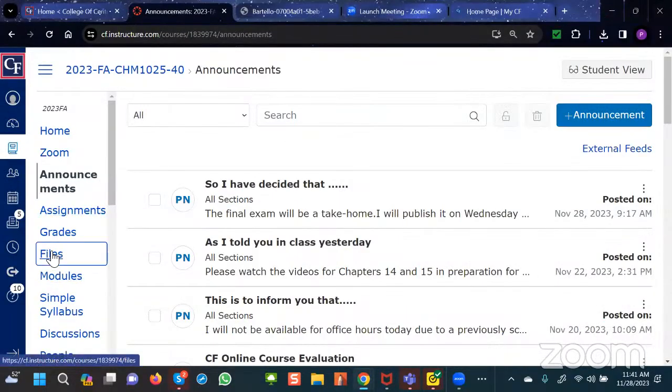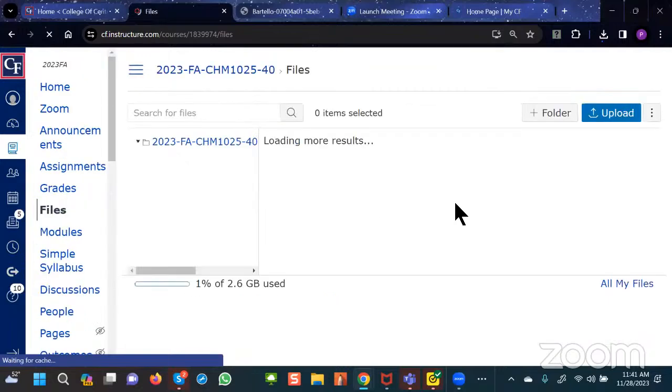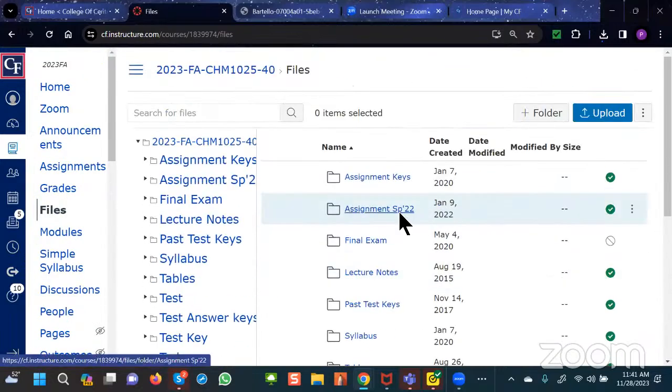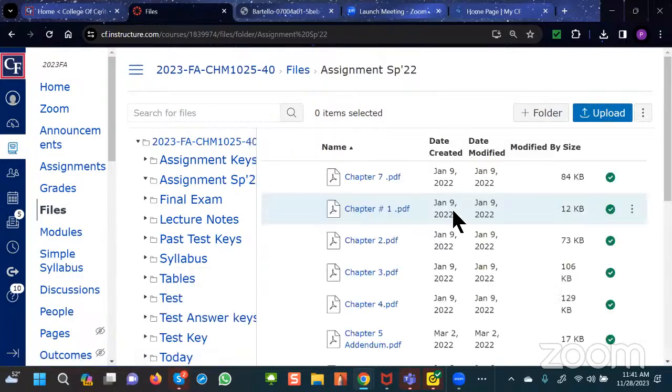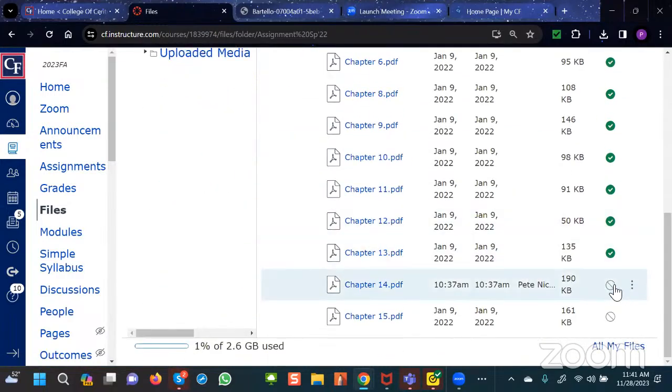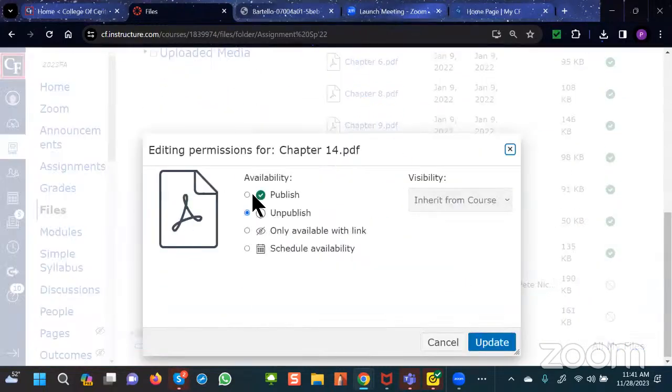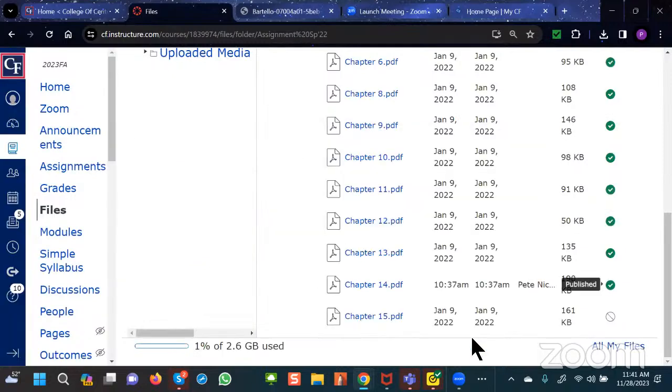Let me just check to make sure it's there. Assignment 14. For you guys out there in Zoom, I've just published it. So you can now have access to it.